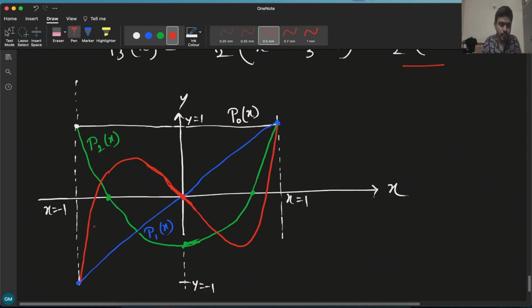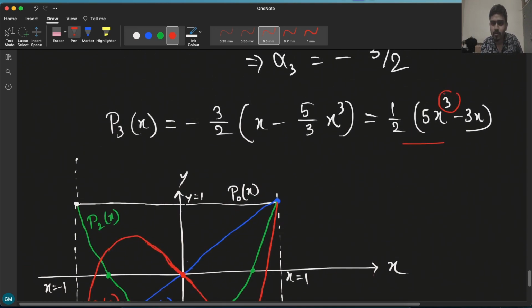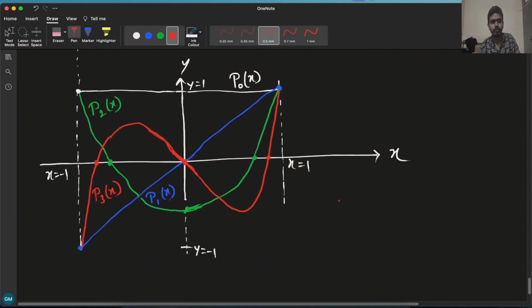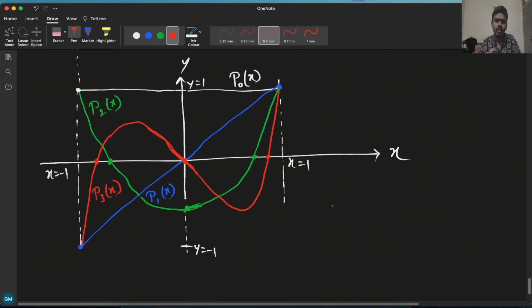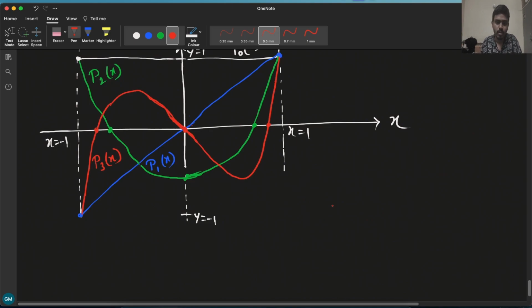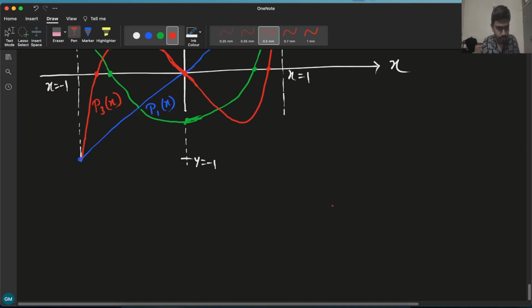So this is our P3(x), and you can see x has a highest power of 3. That means it's a polynomial of degree 3, and it has 3 zeros. It is crossing the x-axis 3 times. So these are the Legendre polynomials.